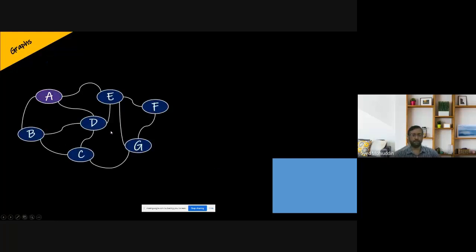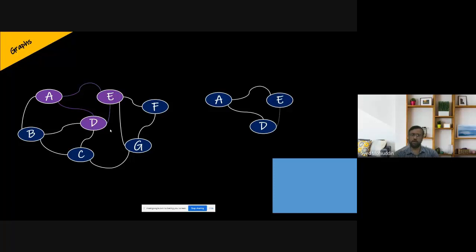Then let us talk about connected components. Now, I'm just trying to create a subgraph of the graph on the left side, that is A till F vertices and its edges. And here on the right side, what I have is 3 vertices with its edges.